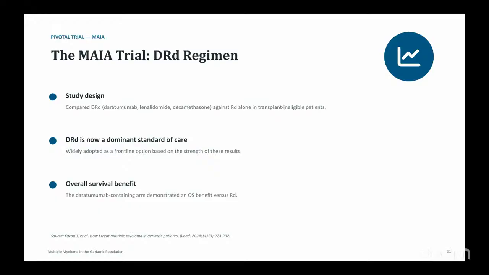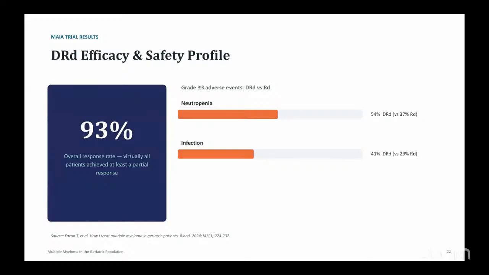For the MAIA trial, it was established that DRD, the combination of daratumumab, lenalidomide, and dexamethasone, was more effective than the RD combination alone in transplant ineligible older adults. They delivered superior survival benefits without transplantation, and it achieved an impressive 93% response rate, although they did have a higher incidence of grade 3 or higher neutropenia and infections compared to the RD combination. So they had more side effects.